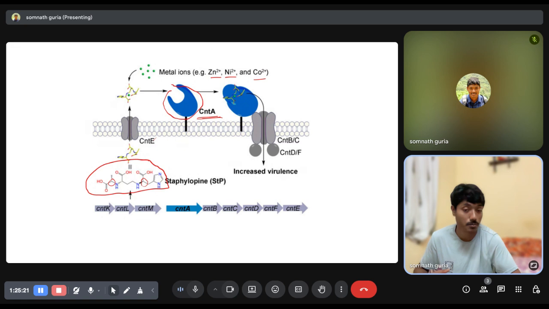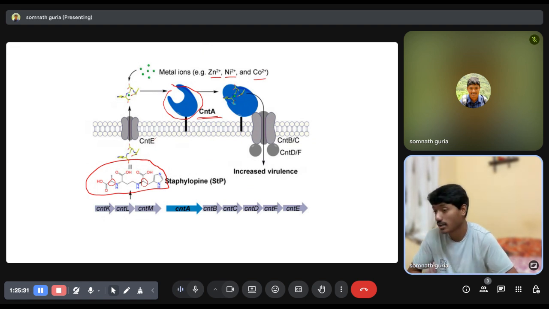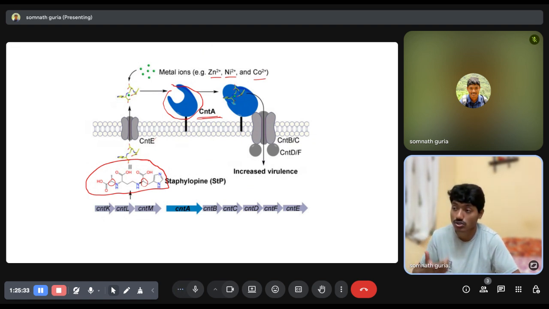The recognition pocket is also changed to move in a different direction, so that they can take those metal complexes with the ligands into the cell and use these metal ions in the cell. They can release them, and the concentration of the metal ions in the cell is maintained there.